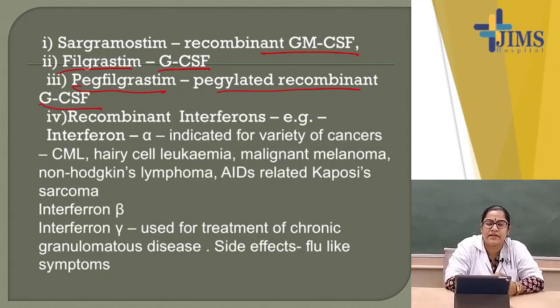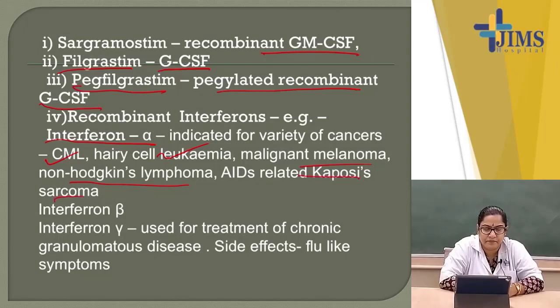Recombinant interferons: examples are interferon alpha, which is indicated for a variety of cancers like chronic myeloid leukemia, hairy cell leukemia, malignant melanoma, non-Hodgkin's lymphoma, and AIDS-related Kaposi's sarcoma.